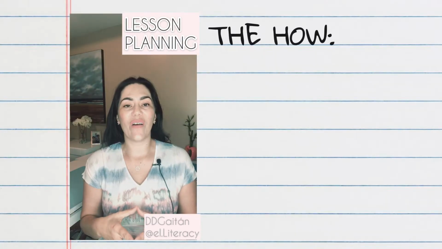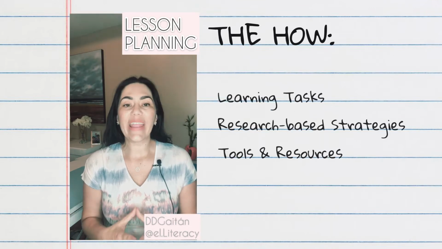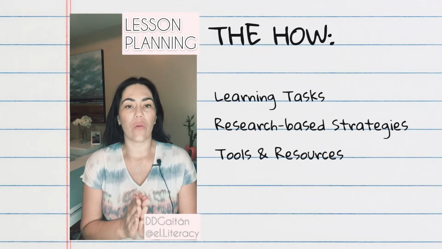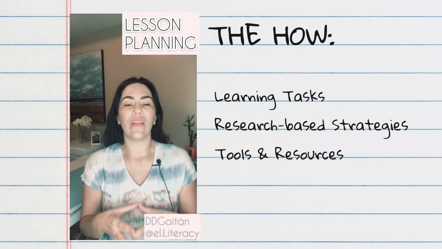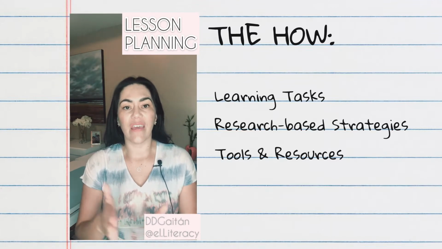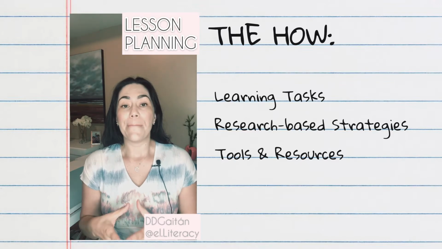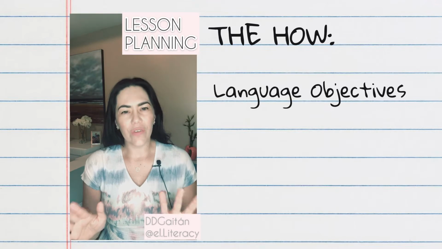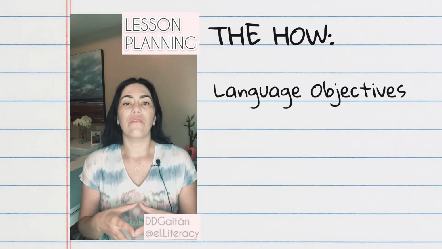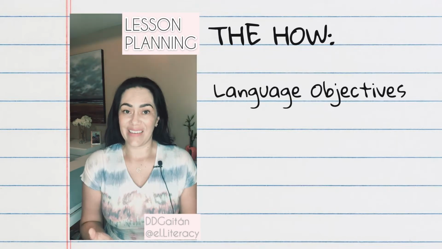Then I figure out the how. What learning tasks or research-based strategies, tools, and resources I can use to help my students learn the content objective. Many refer to these as language objectives, which is confusing for many teachers because of the way it is often explained.